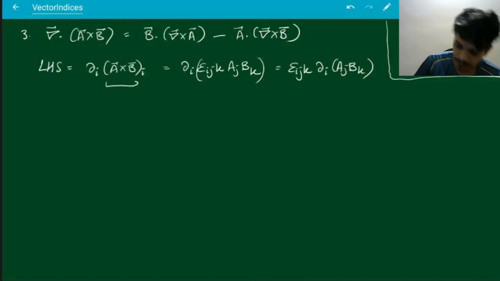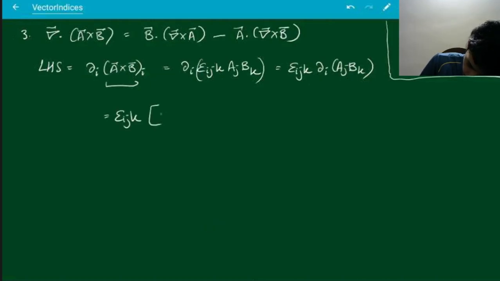Very good. This might actually work out directly from here. Now for the derivative of a product, you can use the product rule for derivatives. So this becomes equal to epsilon ijk, a j and derivative of b k plus b k and derivative of a j.